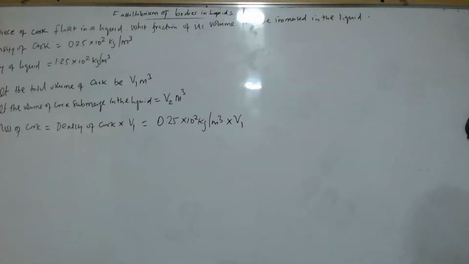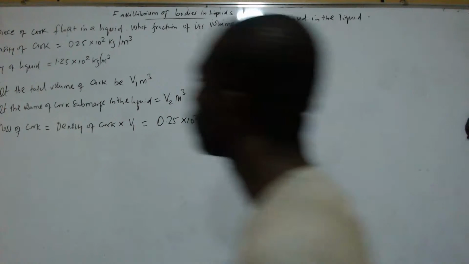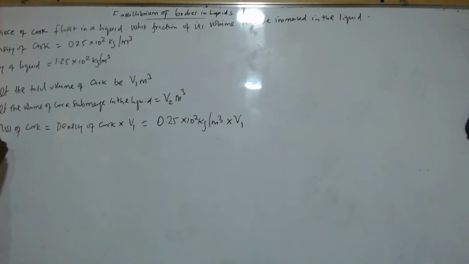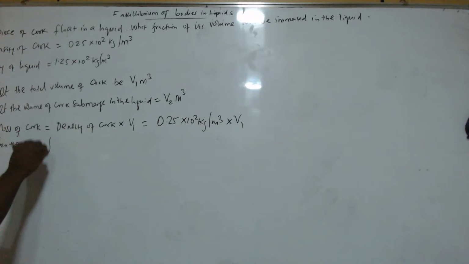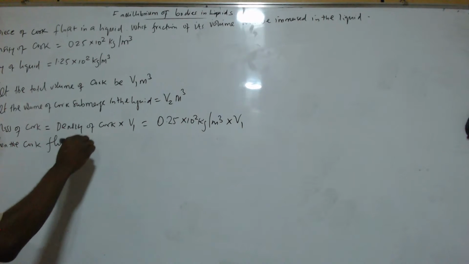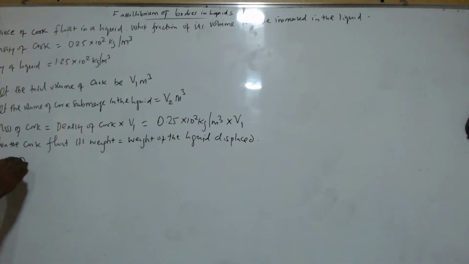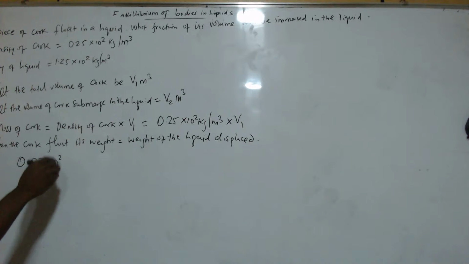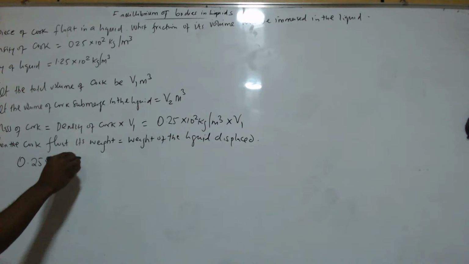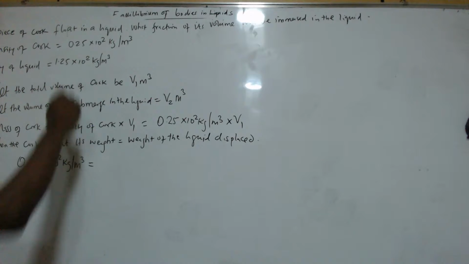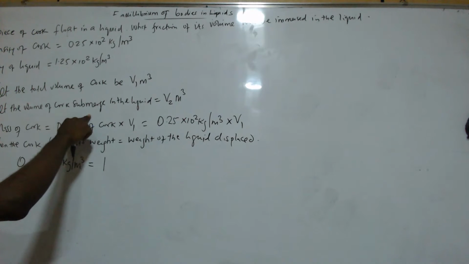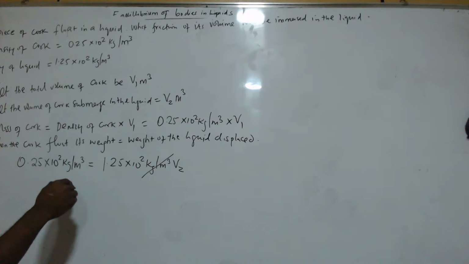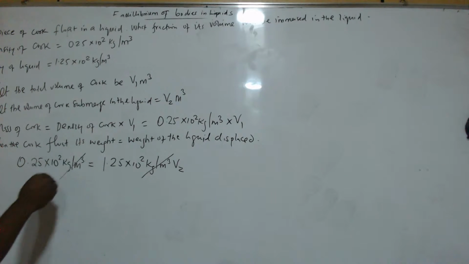So when the cork floats, its weight, 0.25 times 10 to the power of 2 kg per meter cube, equals the weight of the liquid displaced, which will be like the volume of the submerged part.